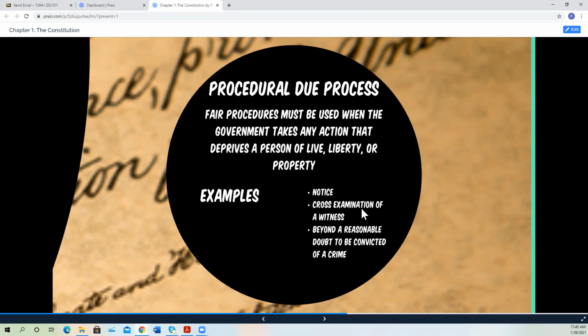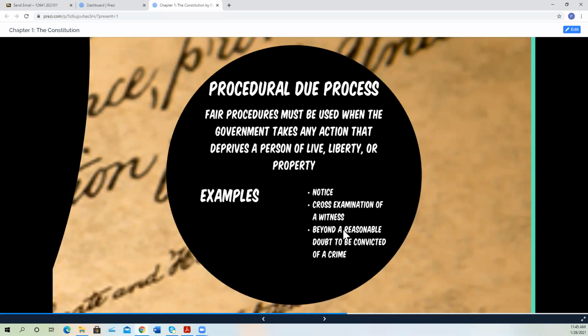So if the government is trying to put us in jail, that means they're trying to deprive us of our liberty. And in order for the trial to be fair, these are some of the procedural due process. We have a right to cross-examine a witness. The state must prove beyond a reasonable doubt that you committed that crime.